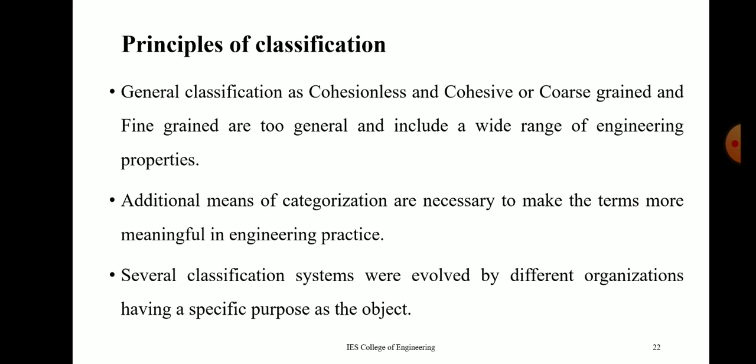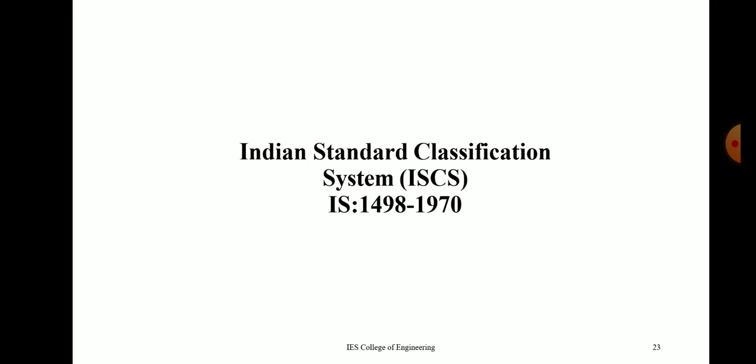Additional means of categorization are necessary to make the terms more meaningful in engineering practice. Several classification systems were evolved by different organizations having a specific purpose as the object. Indian Standard Classification System, IS classification system.